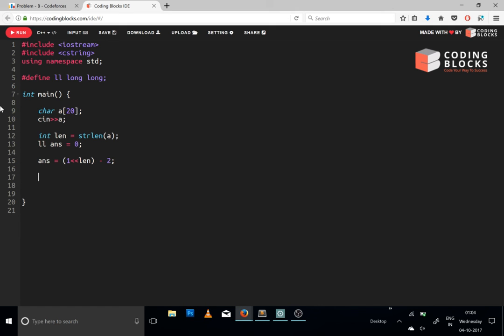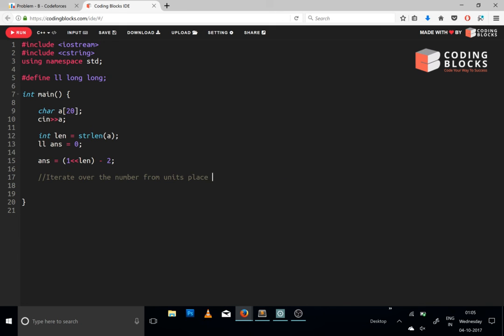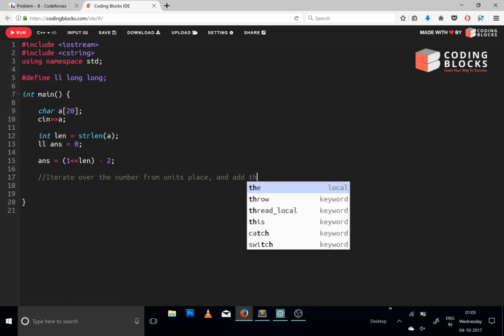Then after that I can iterate over the number from units place and add the contribution of 7.